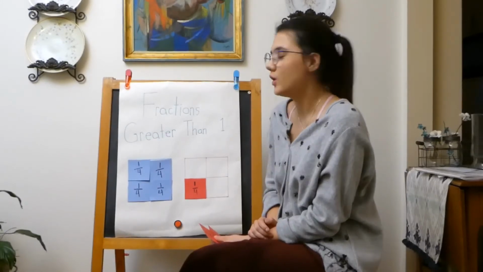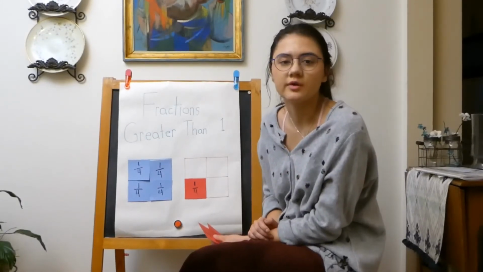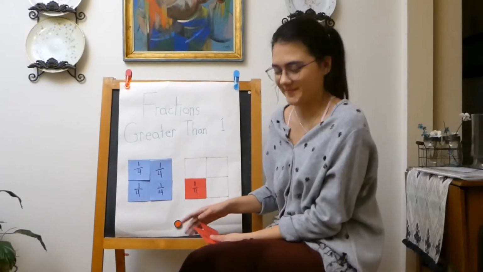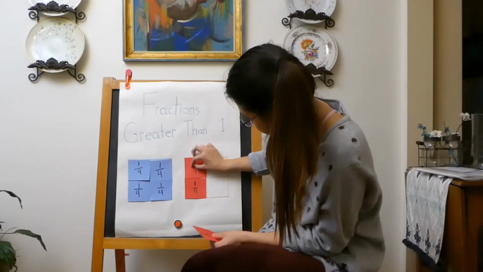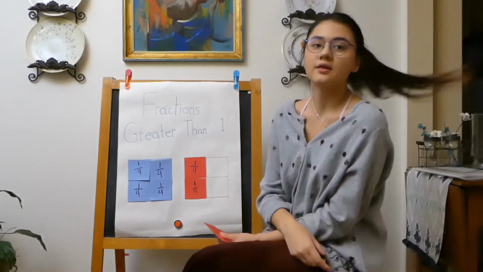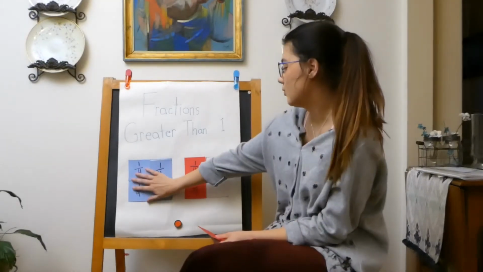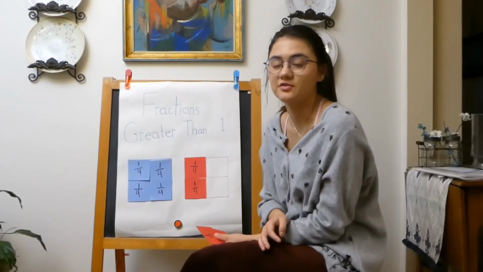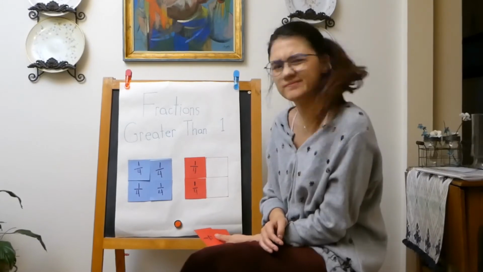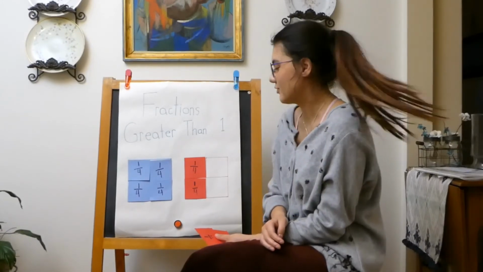Now, what would 6 over 4 look like? Let's find out. Look, now we have one whole and a half. Let's see what 7/4 looks like.